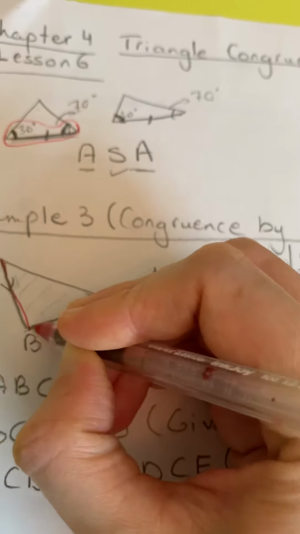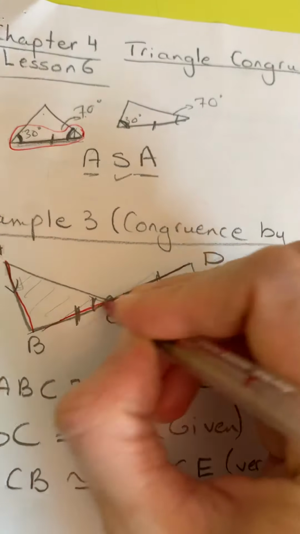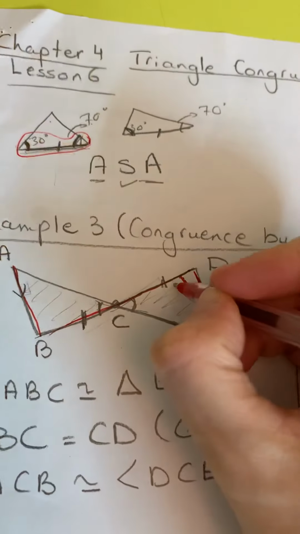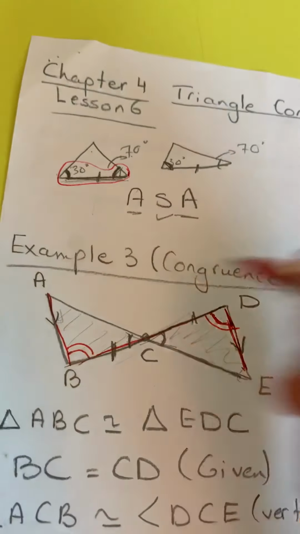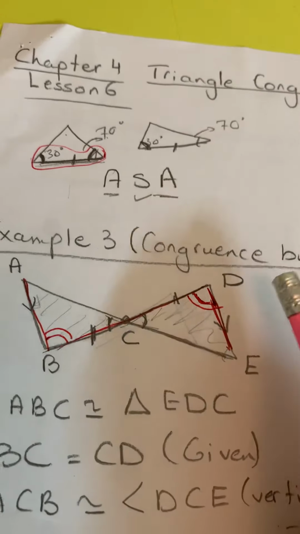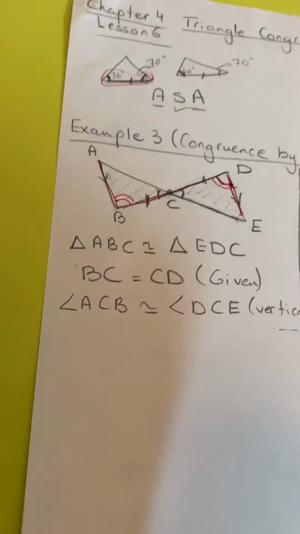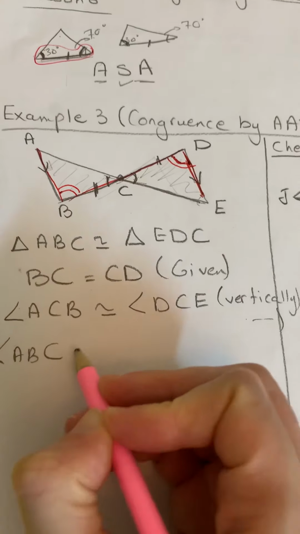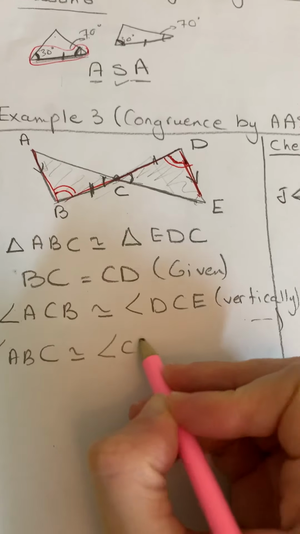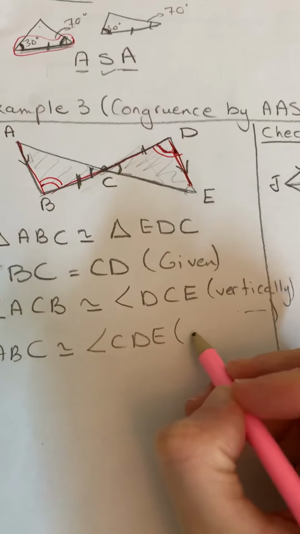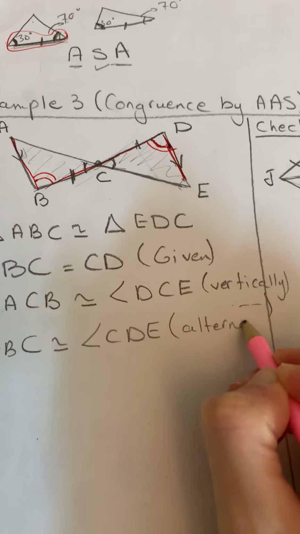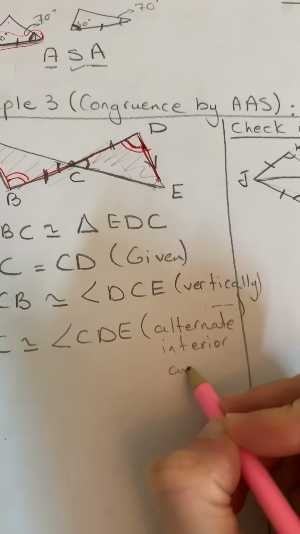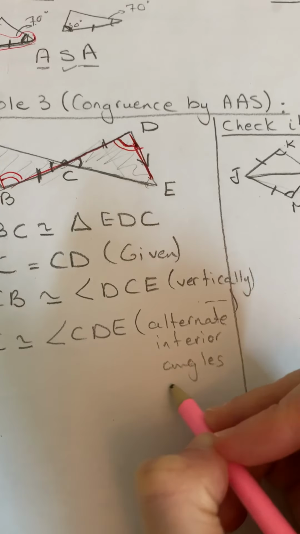If you look at this, angle D here is congruent to angle B here, because these two lines are parallel. So angle ABC is congruent to angle CDE because alternate interior angles are equal.